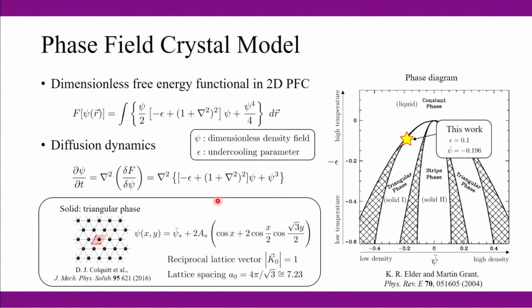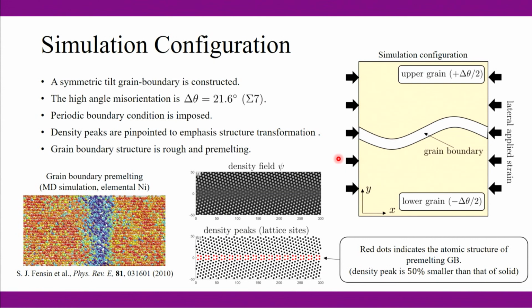Okay, so that's the free energy, and that's the evolution equation. We're using a conserved dynamics. And as you know, we always set up the system so that one unit cell is 4 pi in one direction and 4 pi over square root of 3 in the other, things like that, all right? And we're choosing a rather high-angle grain boundary.